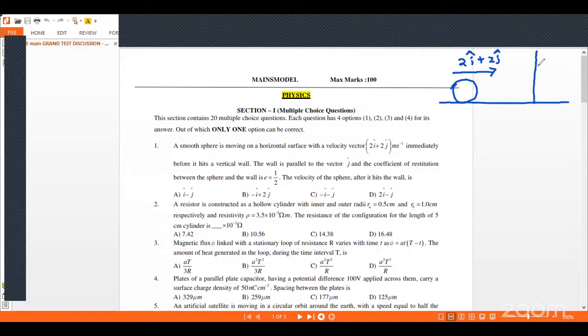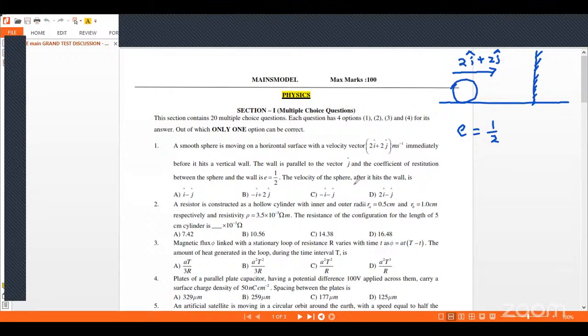The wall is parallel to vector j cap. Coefficient of restitution between the sphere and wall is half.